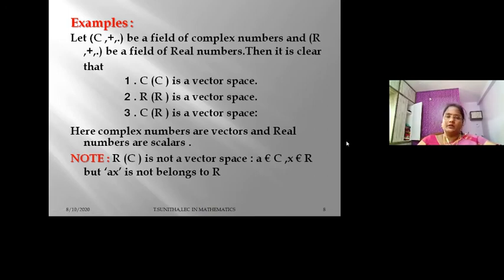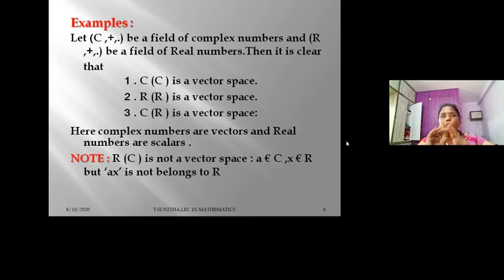You must have studied it in ring theory. C is the field of complex numbers. R is the field of real numbers. Field means that three conditions should be satisfied. So (C, +) is an abelian group, (C*, ·) is an abelian group, and the distributive laws hold. Similarly, (R, +, ·) is also a field of real numbers.